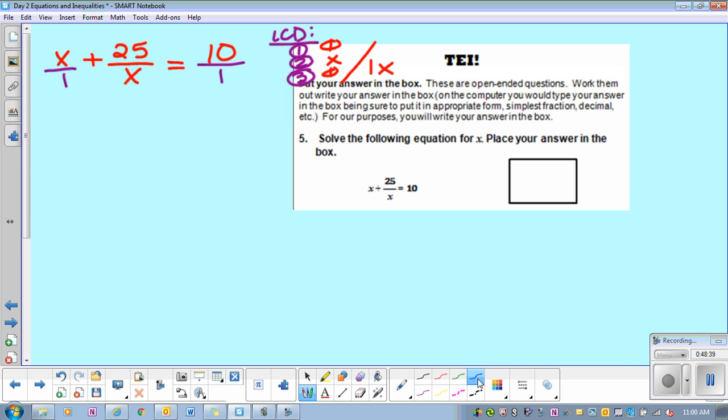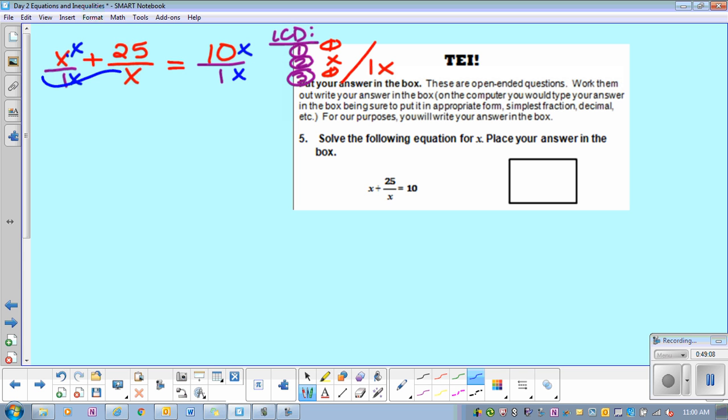So what does the first fraction need? X. You multiply the bottom by X, you multiply the top by X. What does the second one need? Doesn't need anything. Alright, just leave it. Third one, what does the third one need? X. So multiply the bottom, you multiply the top.